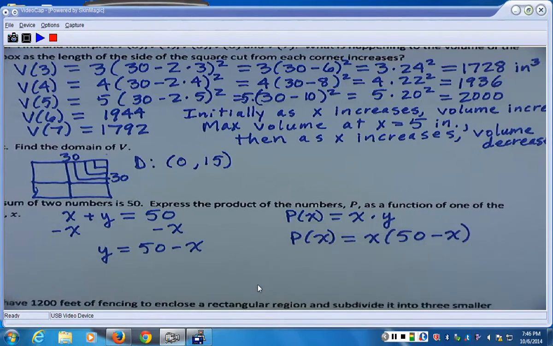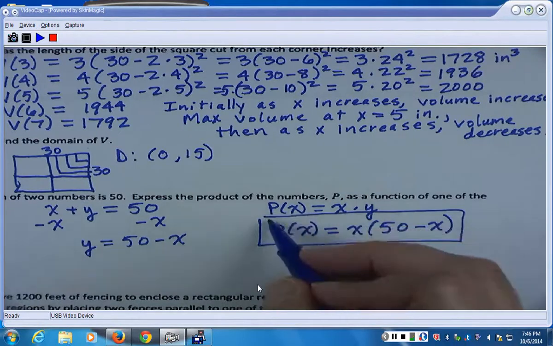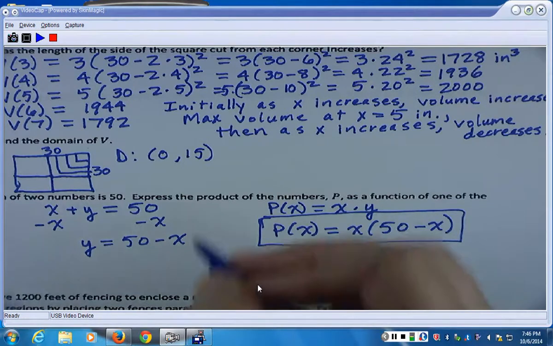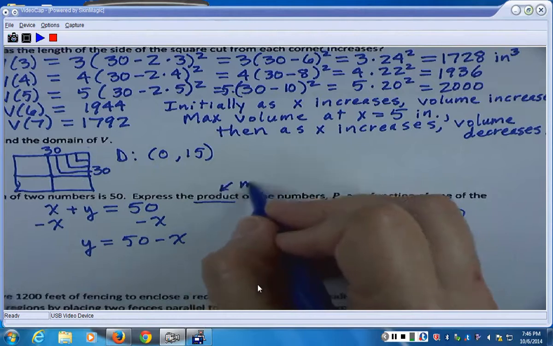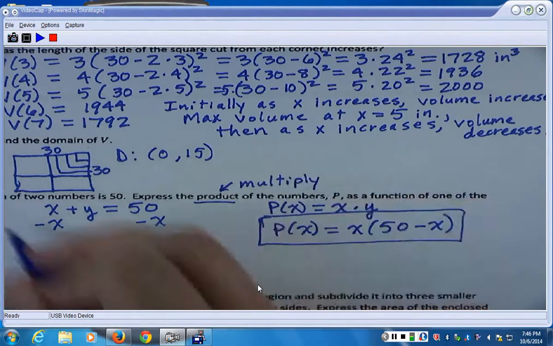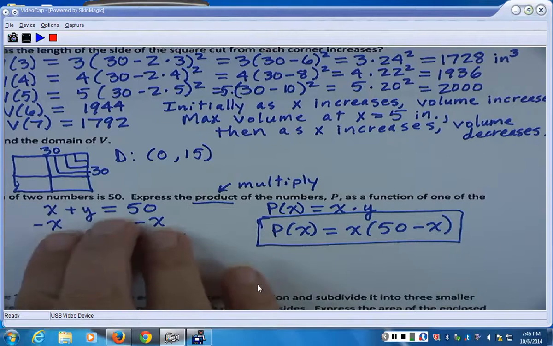So p of x is x times 50 minus x. And if you want, you can distribute it. It's fine to leave it that way. This is the product of two numbers, where the sum of the two numbers equals 50. Remember, a product means multiply. The sum means you add the two numbers together, you get 50. So this is just translating two different things into an equation.